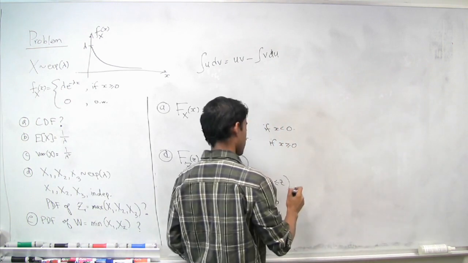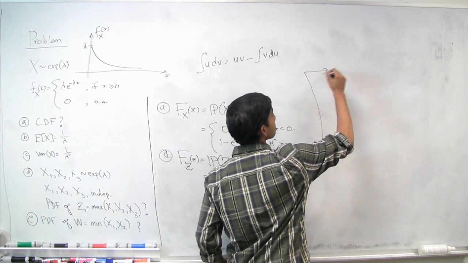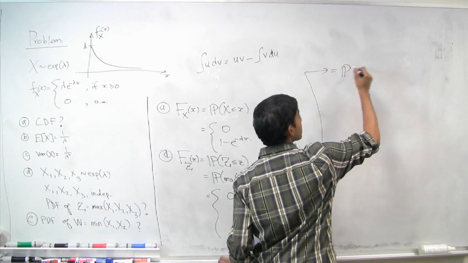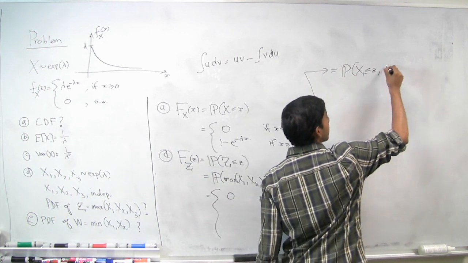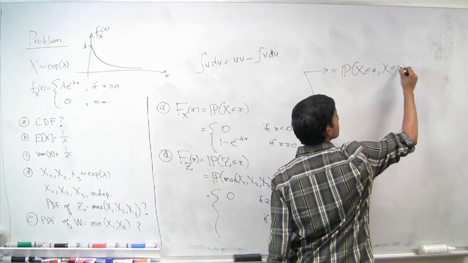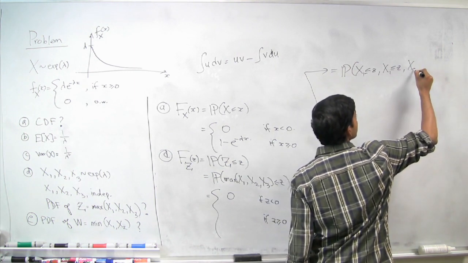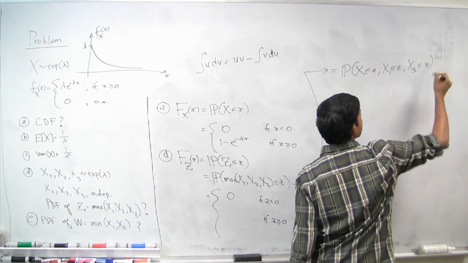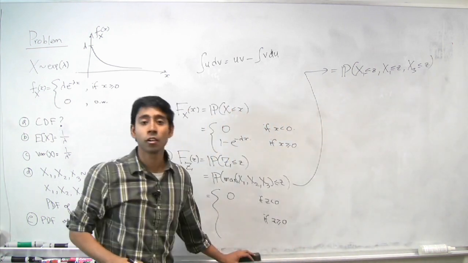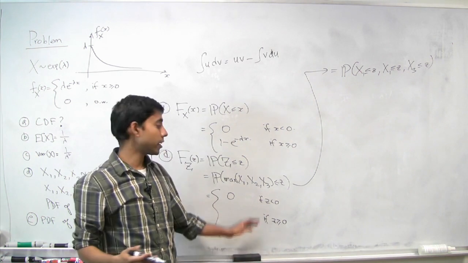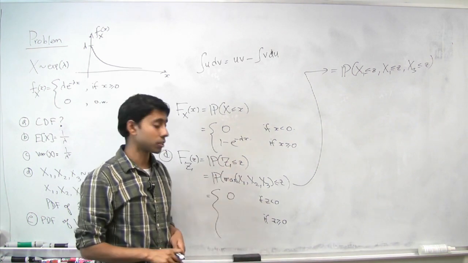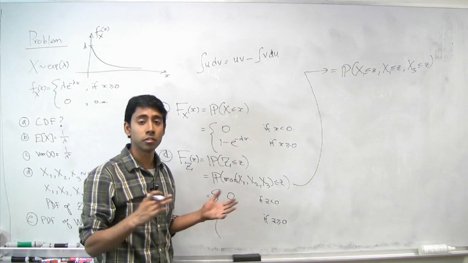Okay, so the special thing here is to recognize that the probability of the max being less than or equal to z is actually also the probability of each of these random variables individually being less than or equal to z. Why is that true, right? One way to check whether these two events are the same is to check the two directions.